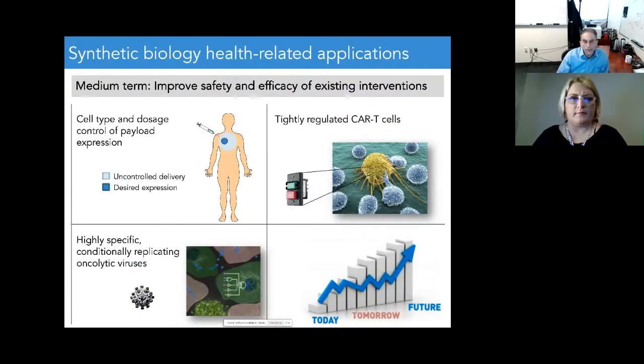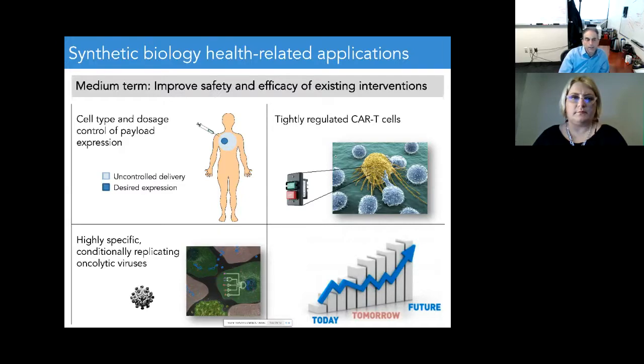Medium term, these are applications that would take a little bit longer, several more years, but they're beginning to make their way into the clinic. So these are some things I will talk about. These are examples that I'm showing here: being able to control the expression of particular therapeutic proteins, when they get expressed and where they get expressed.